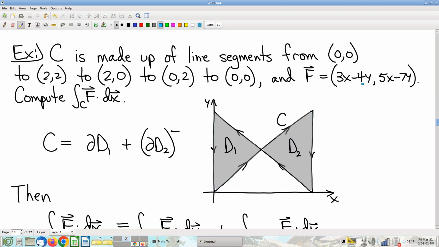And again, notice no indication in the statement of the question what tool to use. The brute force approach to computing this would be to break this up into four separate integrals. And again, pretty undesirable, even though the vector field's not that bad. We could parameterize each of these four curves, and it's just first order polynomials.